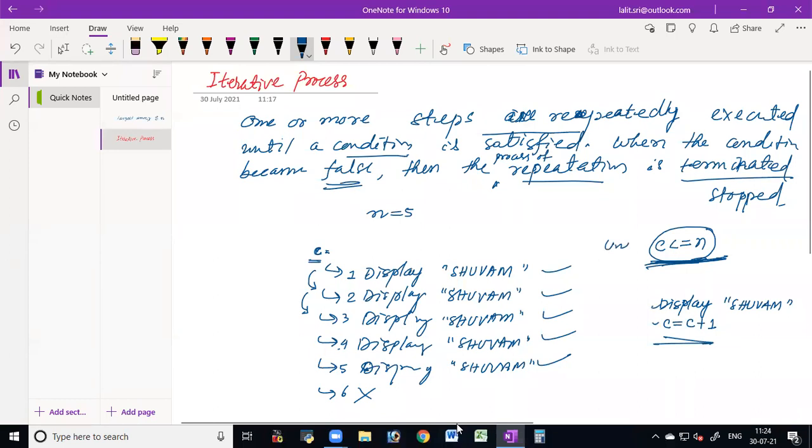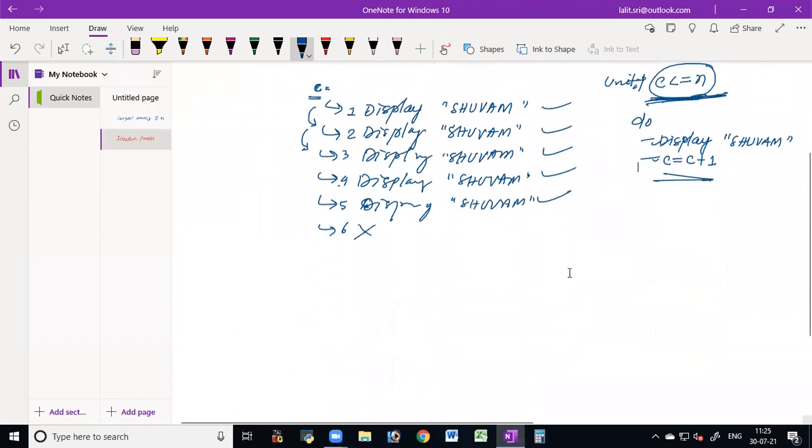So until this, do this. Whatever I am telling, I am writing that. Until C is less than or equal to n, do. But what to do? Display Shubham, C equals C plus 1. Clear? So can you write the algorithm now?